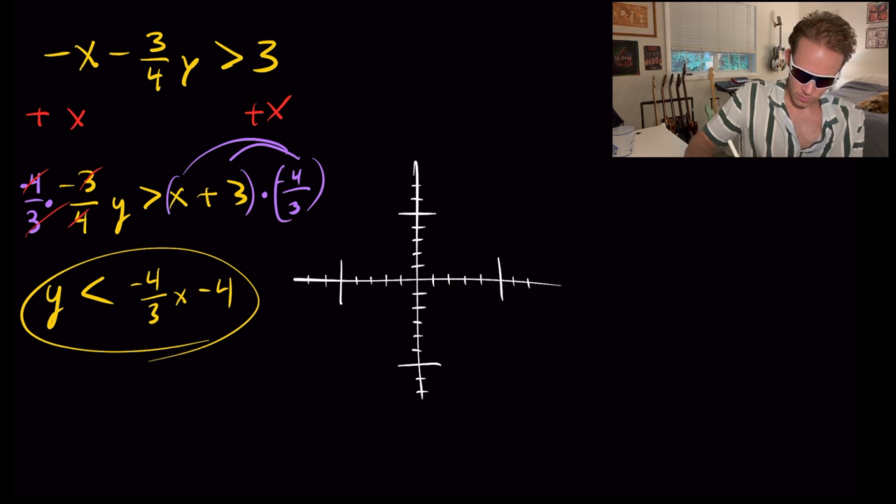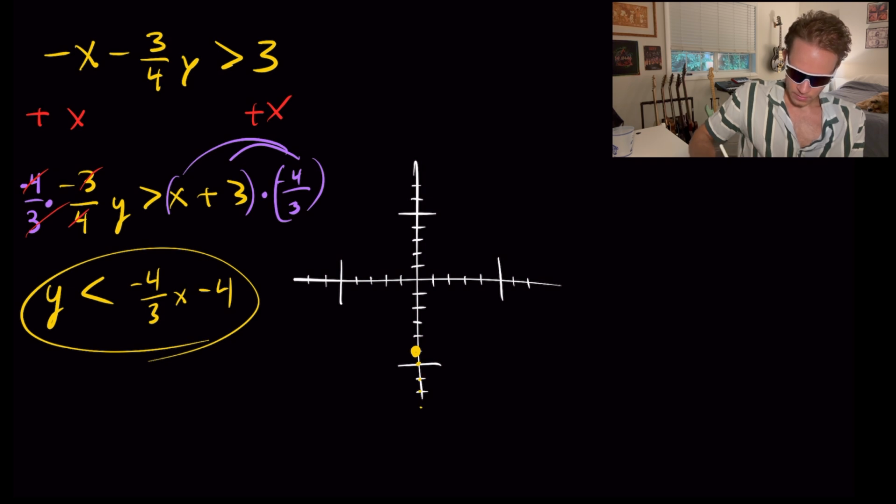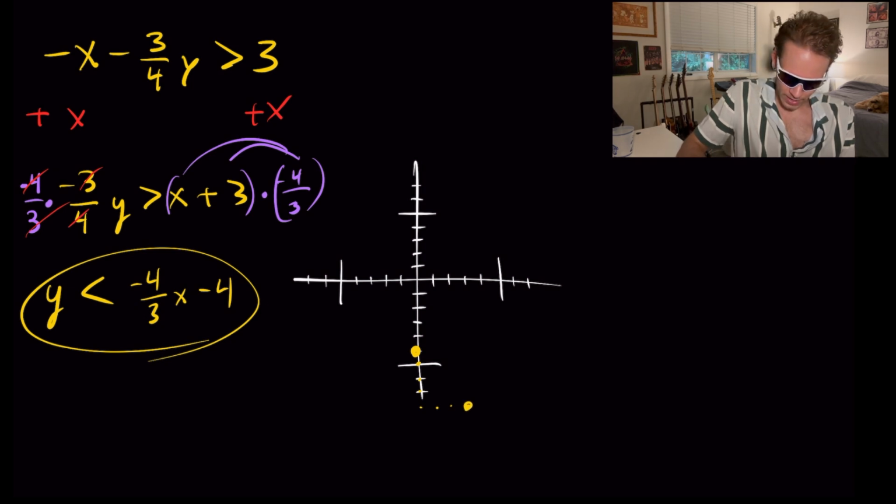So start with your y-intercept. That's going to be at negative 4 there. And then we're going to rise negative 4 and then run 3. So we're going to rise 1, 2, 3, 4. It's a little bit off the graph, that's fine. And then run 3. 1, 2, and 3. Right there, if I want to work backwards, I can rise positive 4.